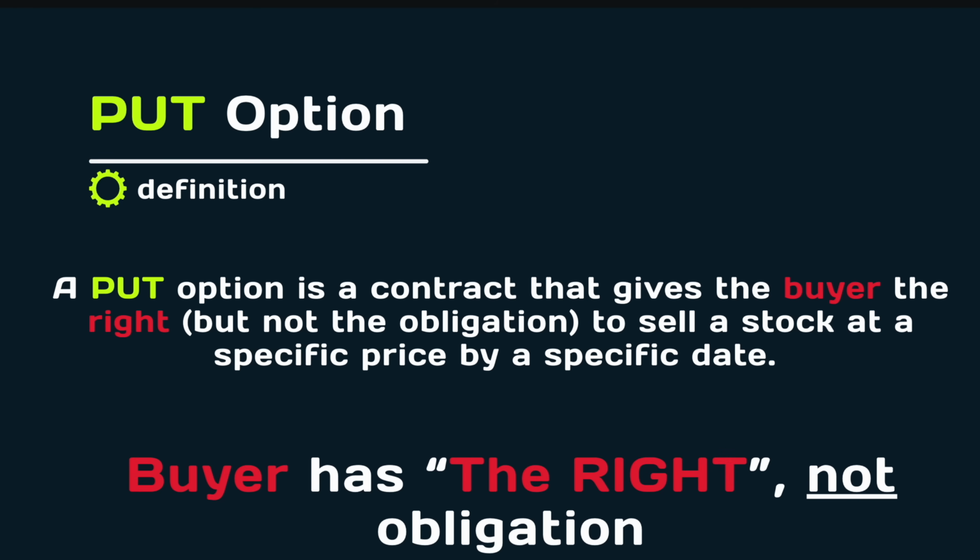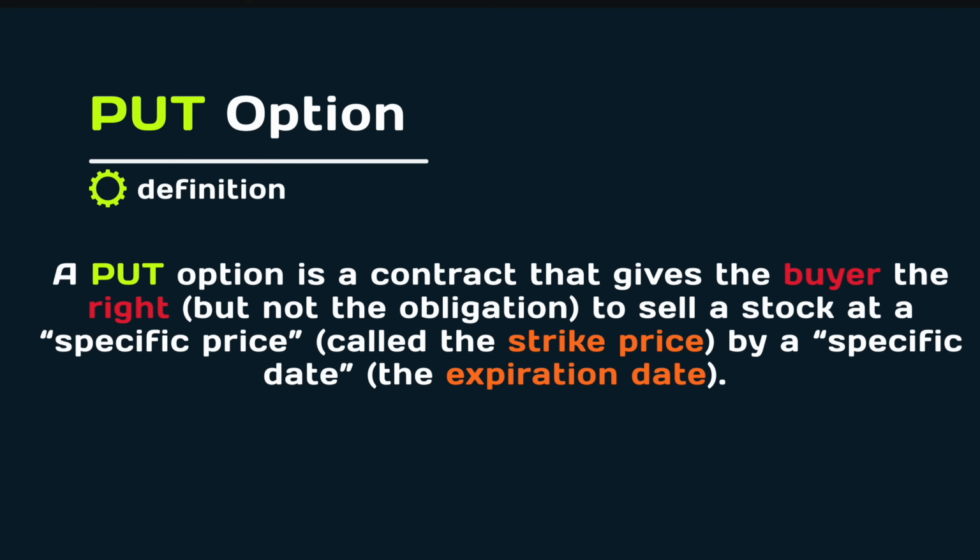So in this case over here, the most important takeaway is that the buyer has the right, but not the obligation. Drilling down on this definition over here, recall that the buyer has the right to sell you the stock at a specific price. We're going to start calling this specific price the strike price, and by a specific date that we're going to start calling the expiration date.